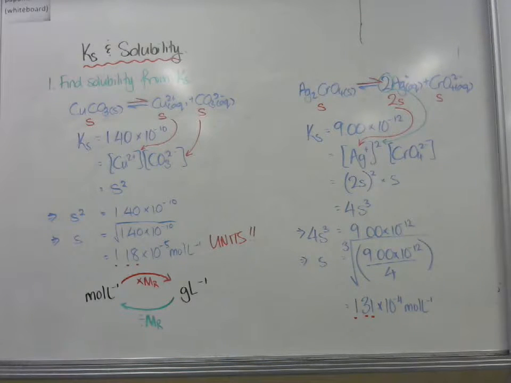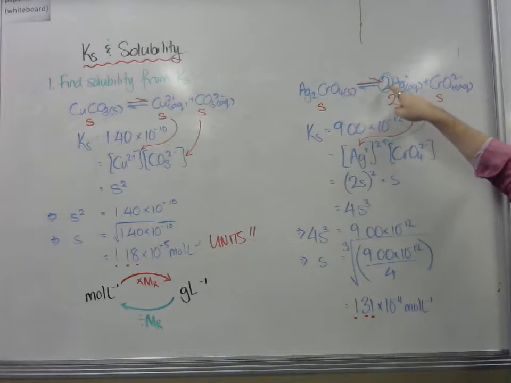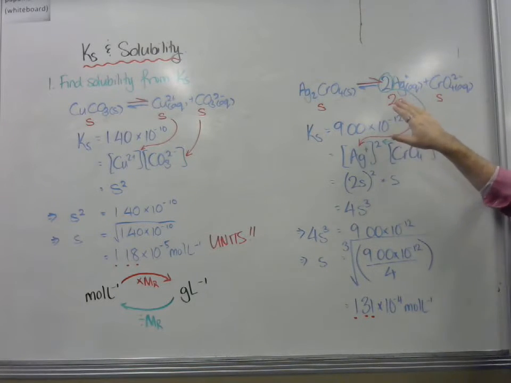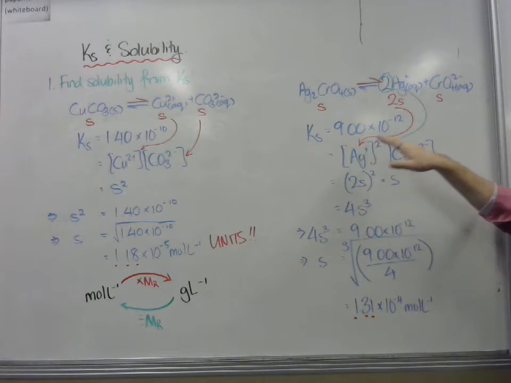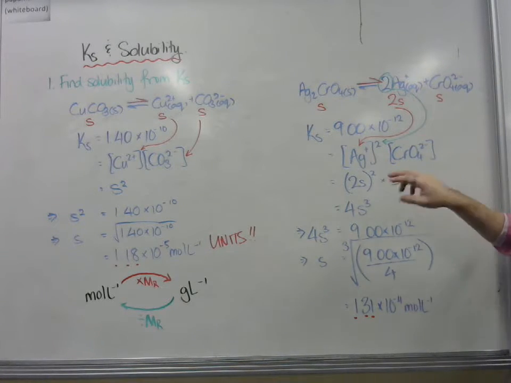Okay, so what I do then is I write my expression. Now you notice the 2 in front becomes squared. Okay, so the way we would write it is Ag+ times Ag+ times CrO4 2-. Because we could write that as Ag+ Ag+ chromate. Okay, so that's why it's squared.